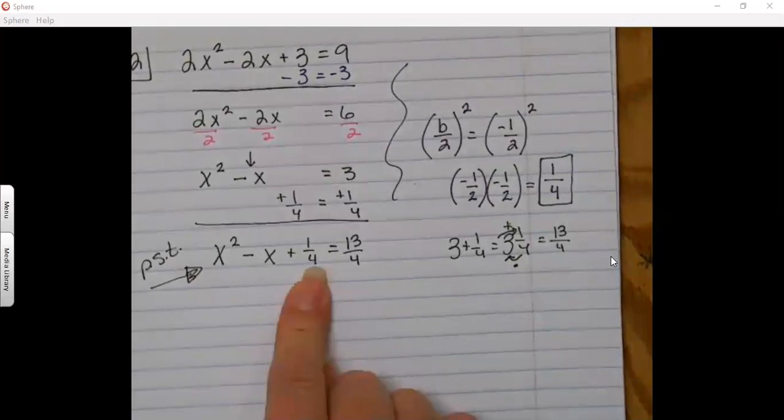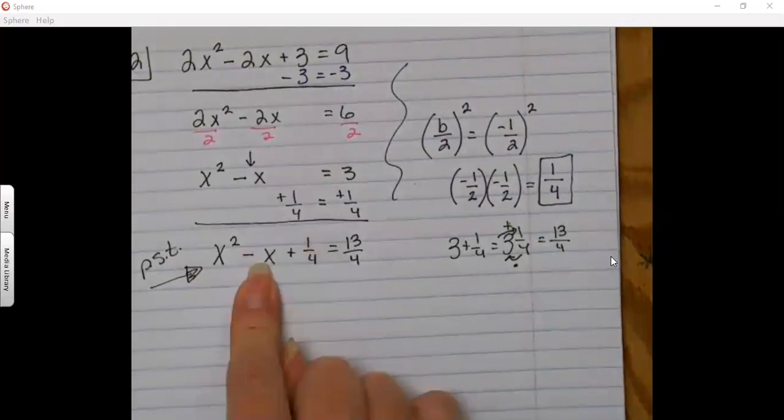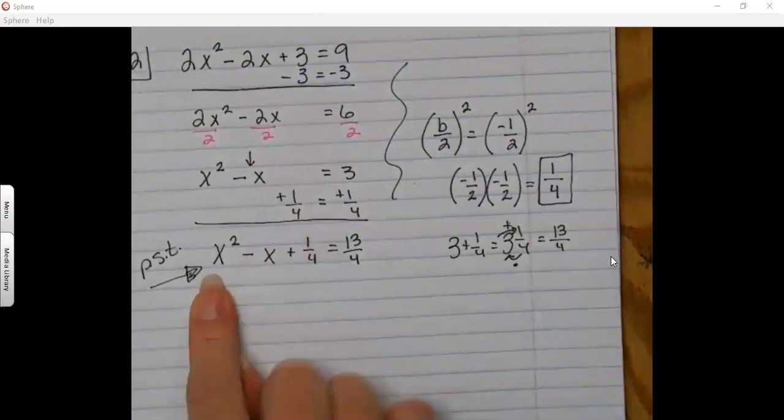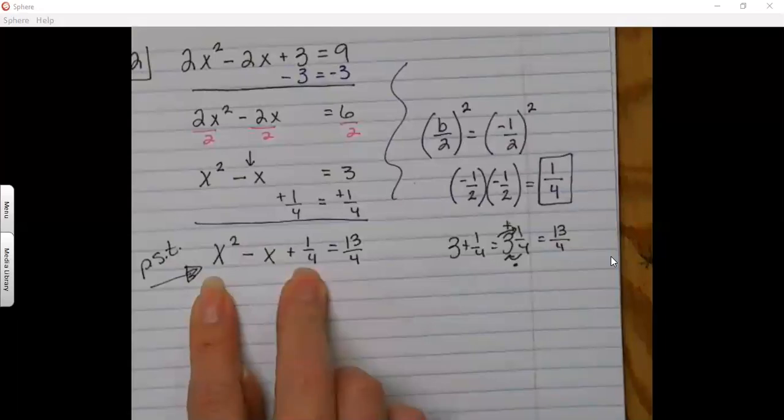You have to check the middle term too. What's the square root of the first term? x. What's the square root of the last term? 1/2 or negative 1/2. Let's just go with the positive. So 1/2 times x is 1/2 x, doubled.